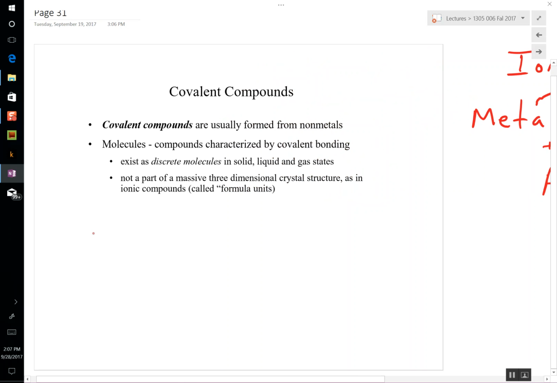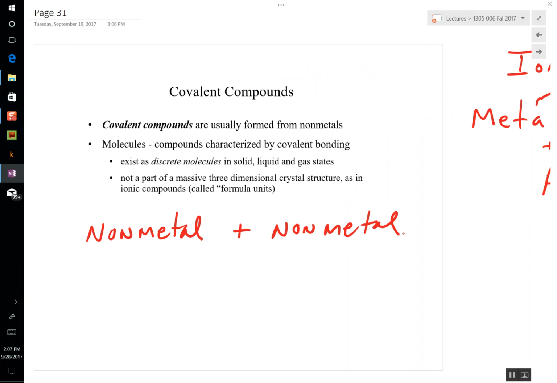Well, what you get for covalent compounds, in contrast to that, is typically a nonmetal reacting with a nonmetal. So that is fairly limiting. We're kind of looking up in this corner. This is where you find the nonmetals.